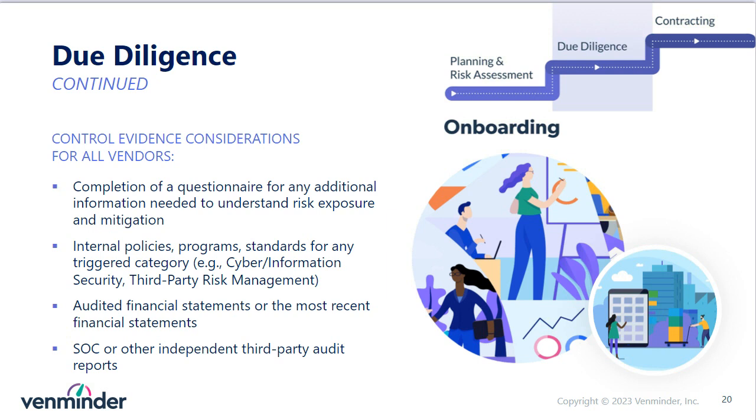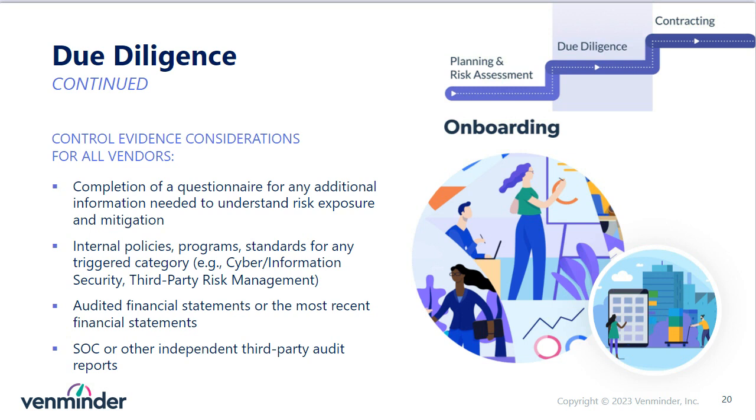In addition to that, you might be requesting governance documentation and other evidence that validates the answers that have been provided by the vendor. So in addition to policies and program and standard governance documentations, there might also be testing evidence. There might be audited financial statements or other third-party reports.